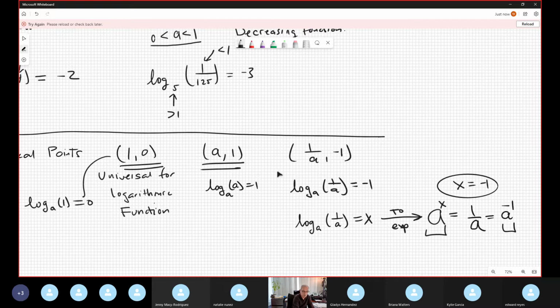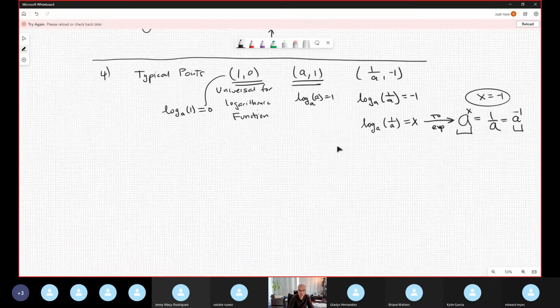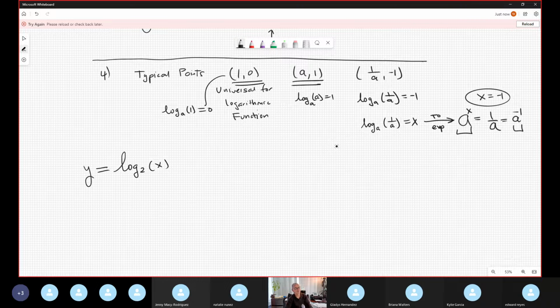Suppose in the test, for sure the test includes a graph of the logarithmic and exponential. Suppose I want to graph the function logarithm base 2 of x. One easy, short, fast way to do that is this.